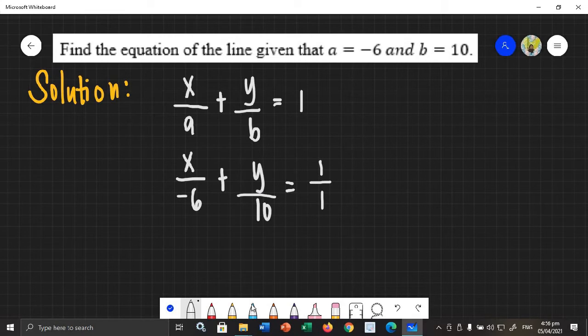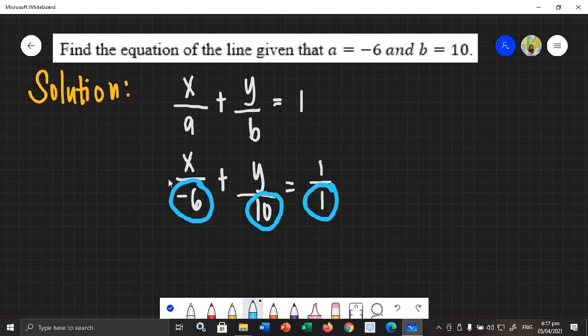The least common multiple we need to find is the common multiple of -6, or you can consider it as 6 for now, 10, and 1. You can do the listing method to find the least common denominator or least common multiple, but I believe you already talked about that in your previous years.